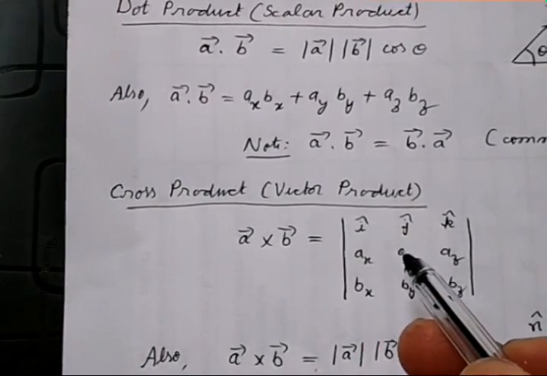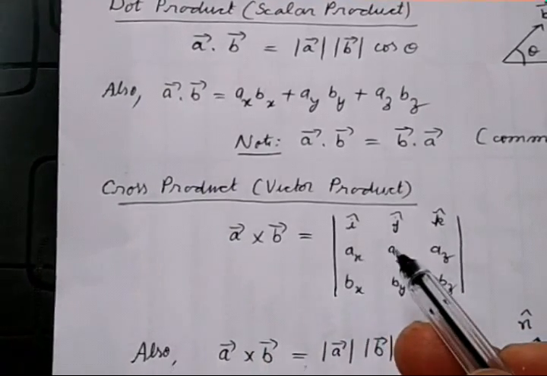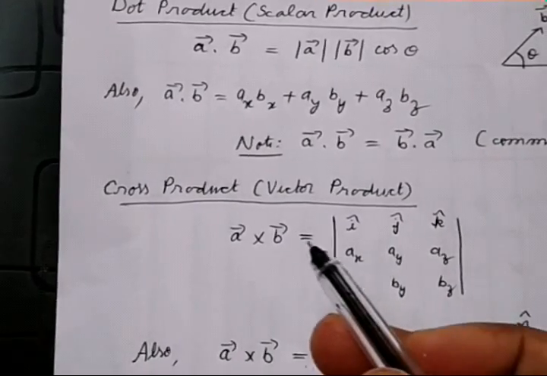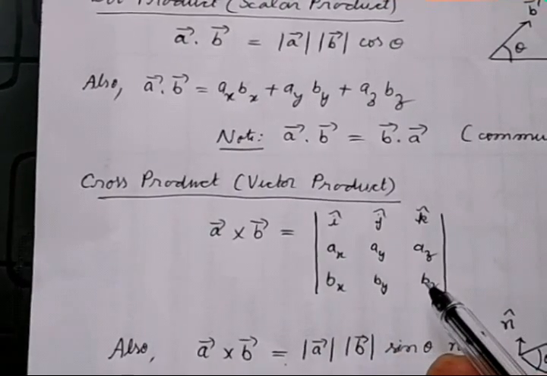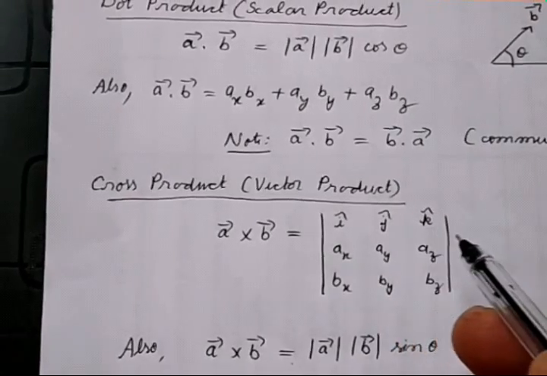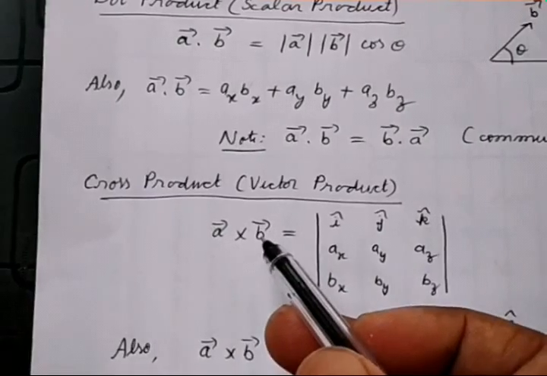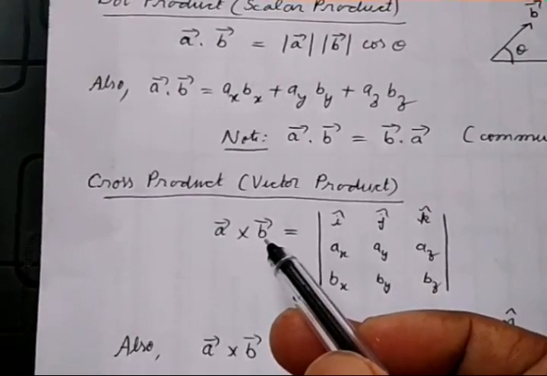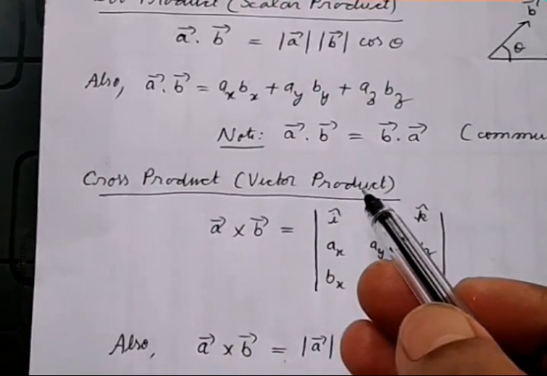Second row is made up of the components of the first vector A bar, that is AX, AY, AZ. The third row is made up of the components of the second vector B bar, that is BX, BY, BZ. You have to expand this, then you get a vector, and that is the cross product of A bar and B bar. So we see here the result of the cross product of two vectors is again a vector. So that's why it is called the vector product.